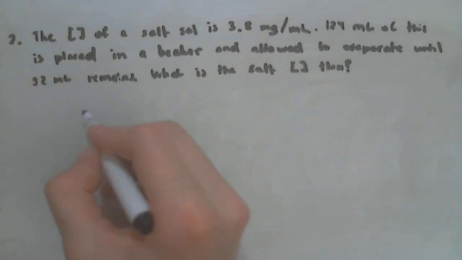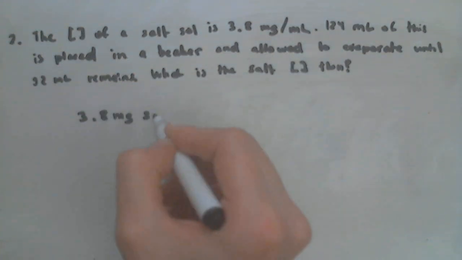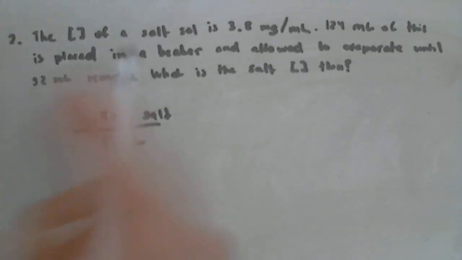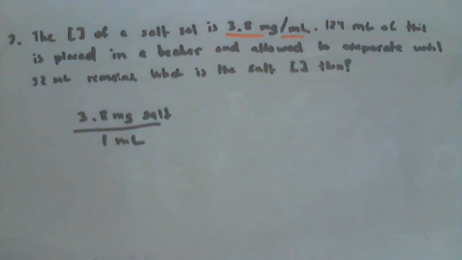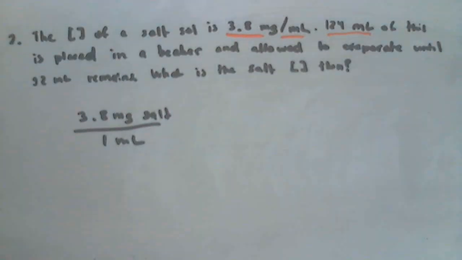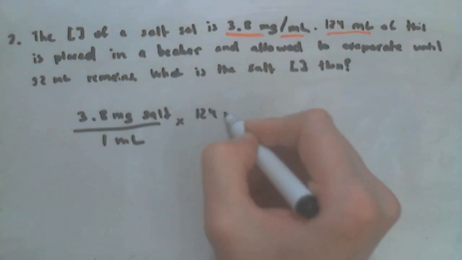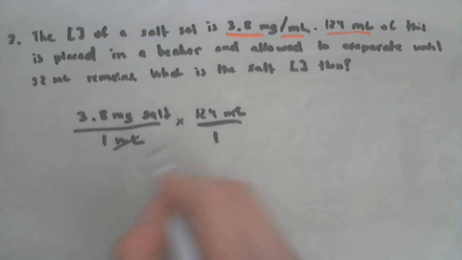In any case, we had 3.8 milligrams of salt over 1 milliliter. We got this from the problem. It's right here. And now we're taking 124 milliliters of that. So let me just outline this. To get how many milligrams we have in total, we're going to multiply this by 124 milliliters over 1. The milliliters are going to cancel out.